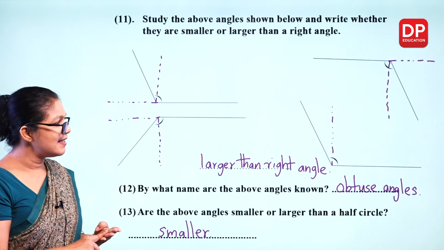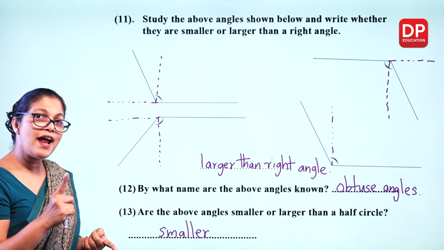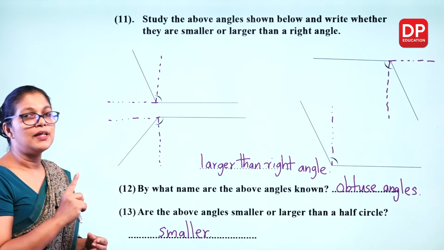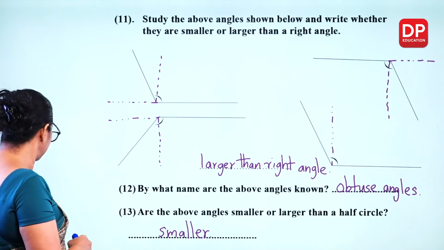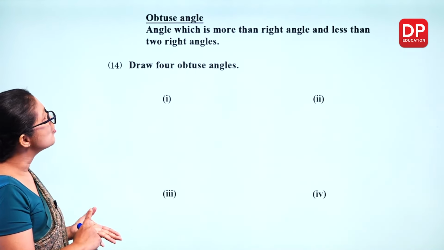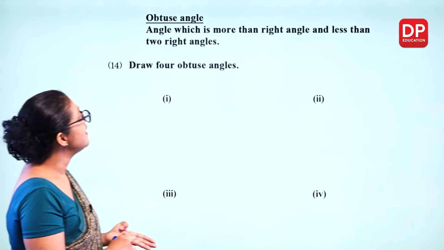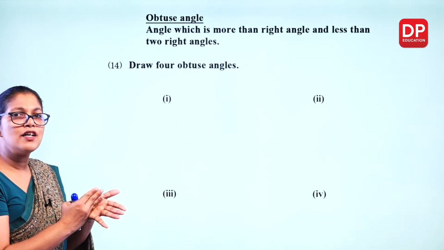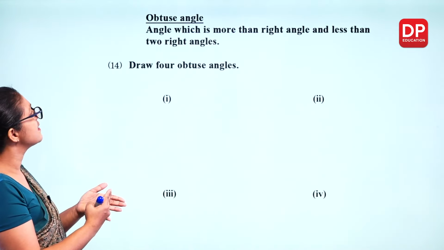So these angles are more than right angles and less than half of a circle. So obtuse angles are more than a right angle and less than 2 right angles. Half of a circle means 2 right angles.